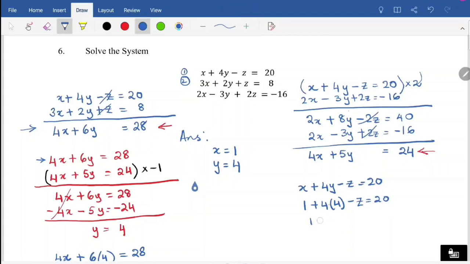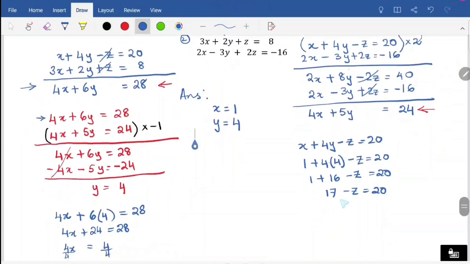So 1 plus 16 minus z equals 20. So 17 minus z equals 20. So we will have negative z equals 20 minus 17, which is positive 3.